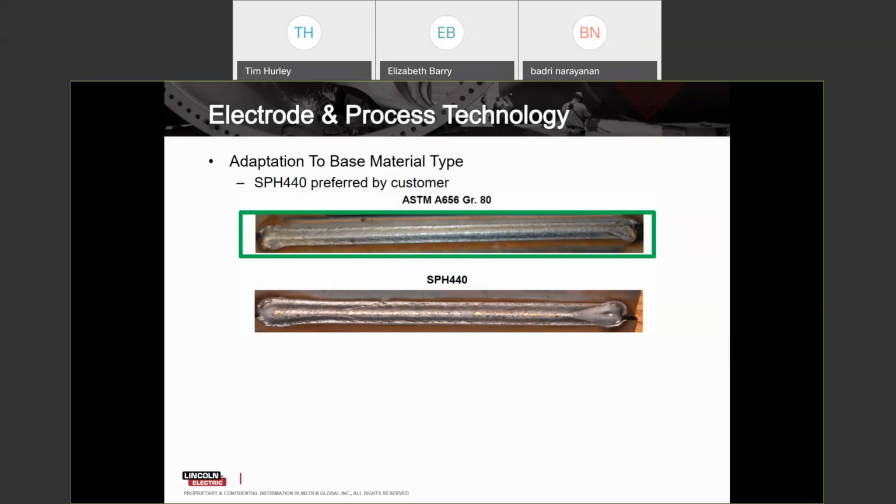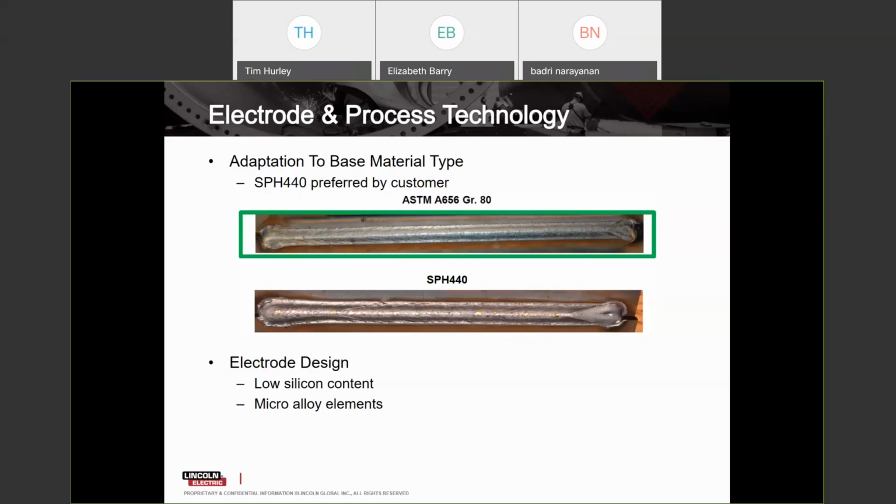So we took that particular SPH 440, which was preferred by our customer, and we had to adapt our designs in order for the filler metal to behave better on this particular base material. And so we looked at two things. We looked at silicon additions, obviously, because silicate content should depend on the amount of silicon in the wire.